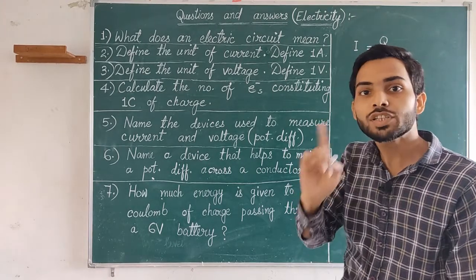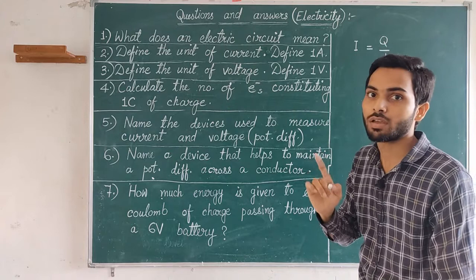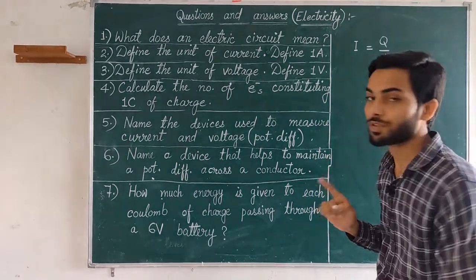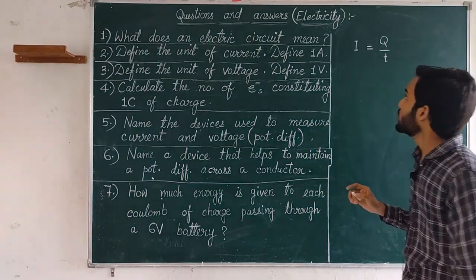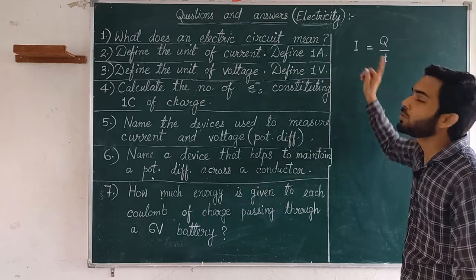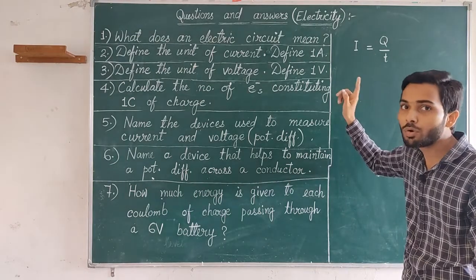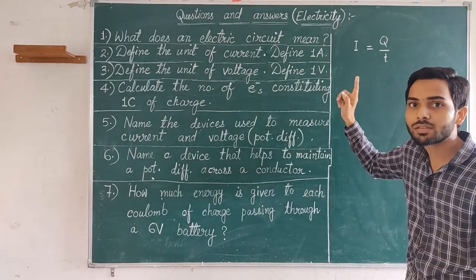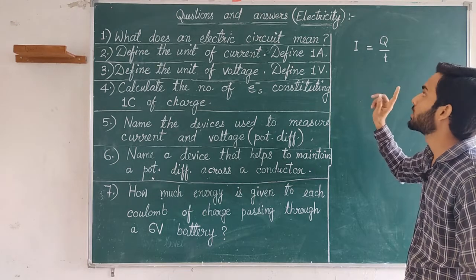This is your first formula which you have ever studied in class 10th in physics. So from this formula we can conclude, we can guess what is the unit of current.